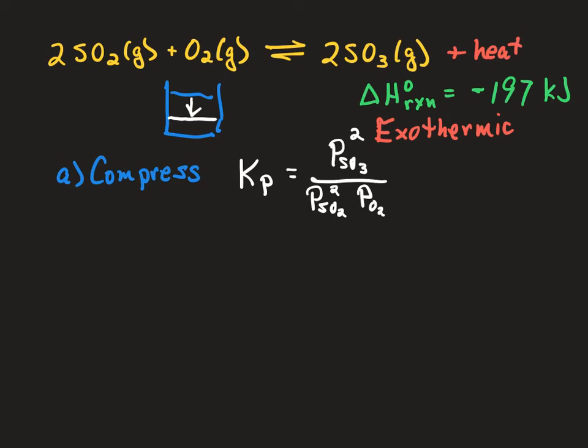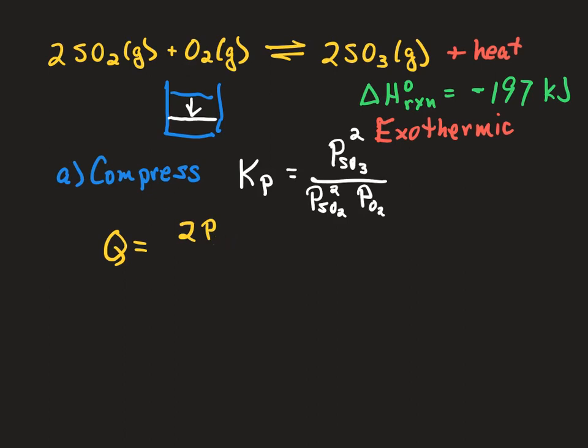Okay, so we compress this. Let's look at Q, and let's assume we're not at equilibrium. Each pressure will double if we cut the volume in half. So that would be 2 times the pressure of sulfur trioxide.